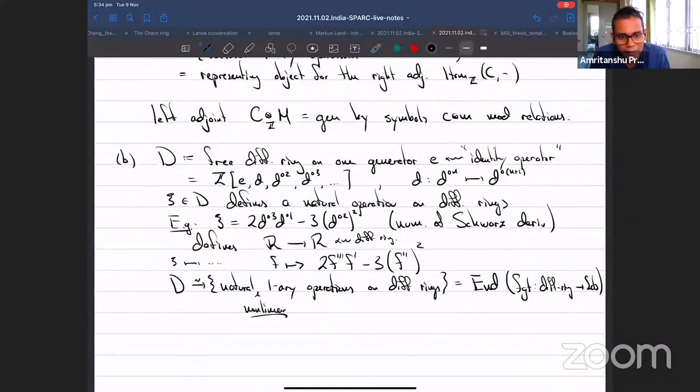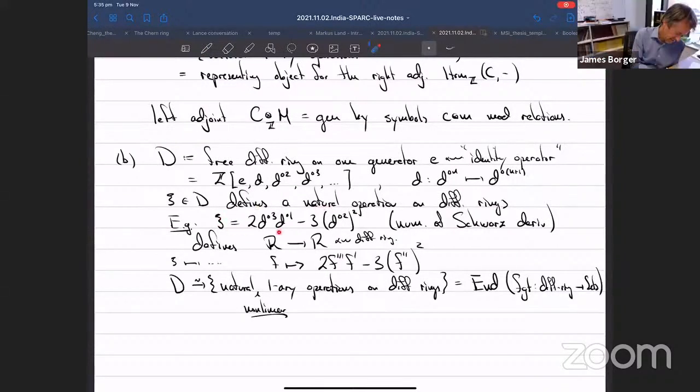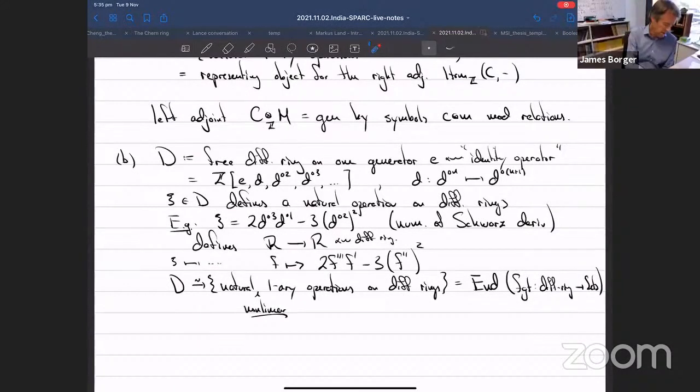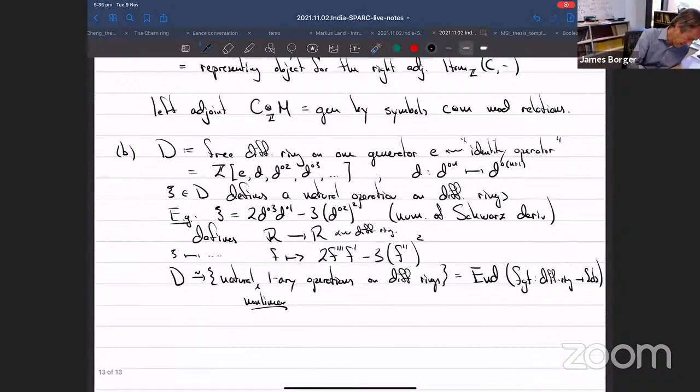So if I take an element of D, it's an element of this free differential ring, and basically D circle i will be the ith iterate of the derivation on any R. That's right. So the point is, thank you, maybe I should have said that.